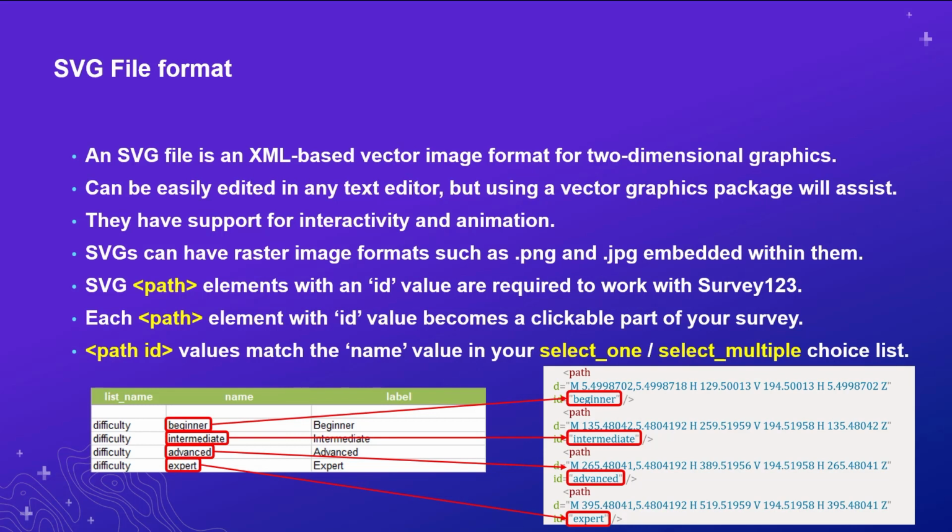SVGs can embed raster image formats as mentioned before, and I'll go into a bit more detail on this in my demonstration. Path elements with an ID value become the clickable part of your image in Survey123. And for this reason, the path ID values need to match the name value in your choice list, as you can see here on the slide.